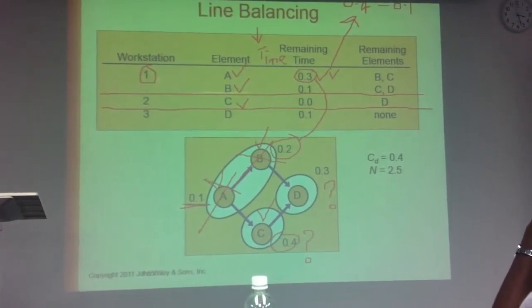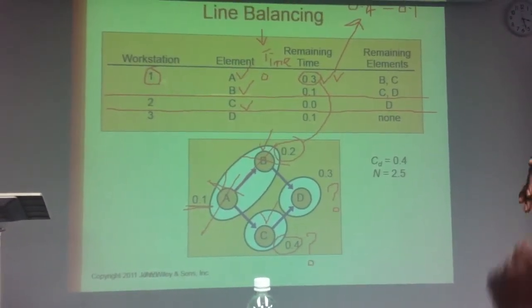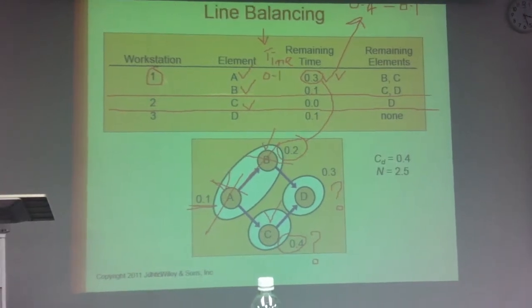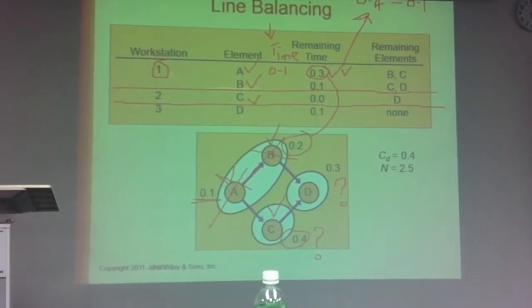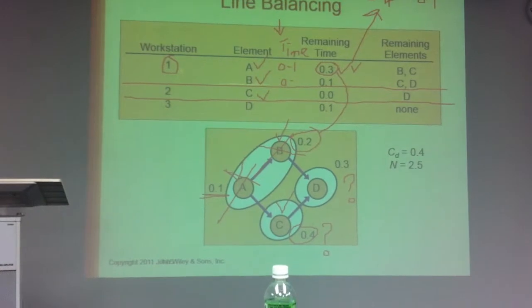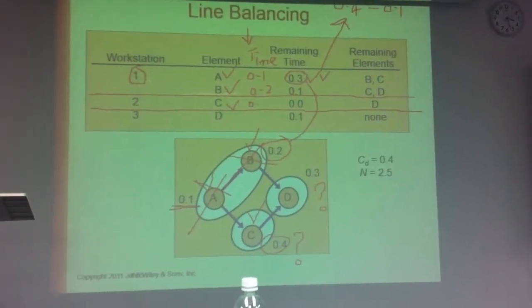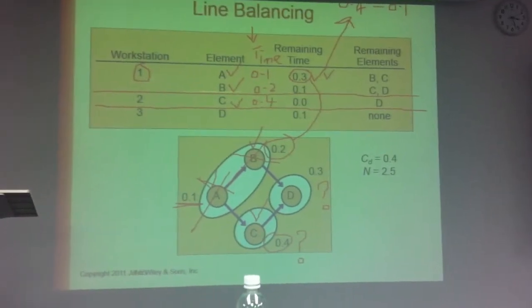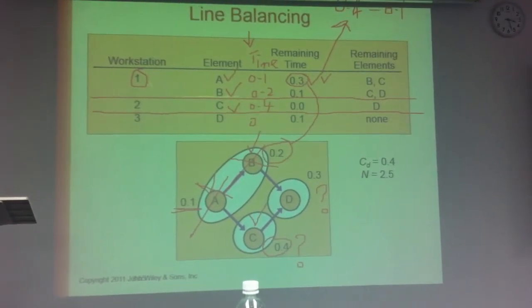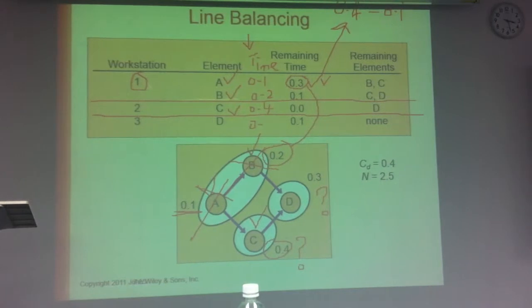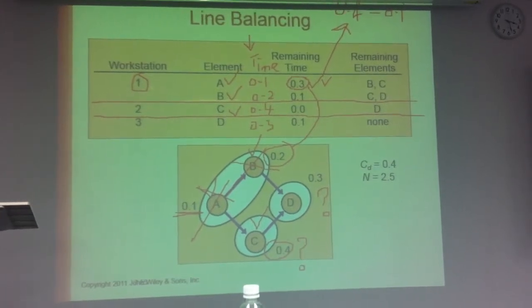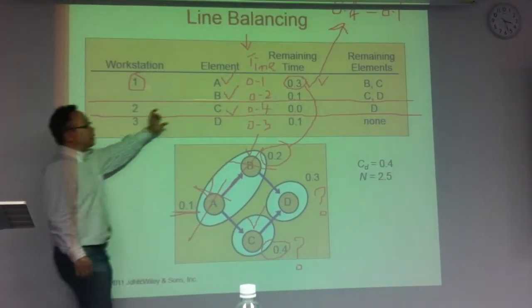For A it is 0.1, I'll put 0.1 here. For B it is 0.2, I'll put 0.2. C is 0.4 and 0.3. Now you can see different workstations have different actual cycle.